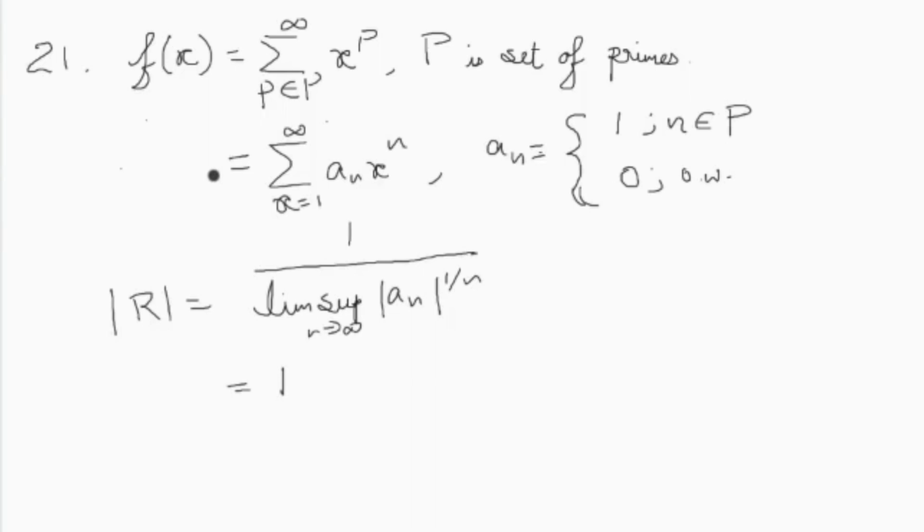And here, obviously, a_n can take only two values, 1 and 0. So a_n to the power 1 by n can again take two values, 1 to the power 1 by n and 0. The supremum is obviously 1. So the radius of convergence of the power series comes out to be 1.